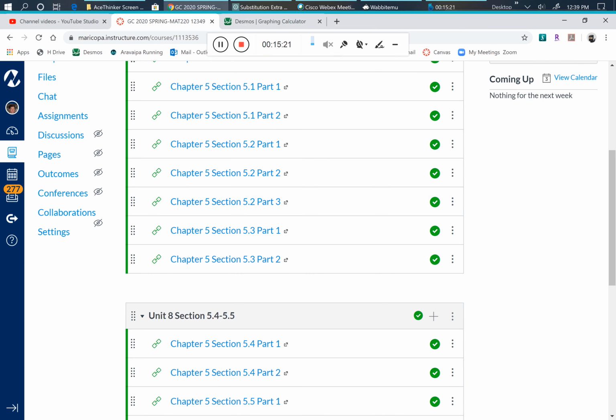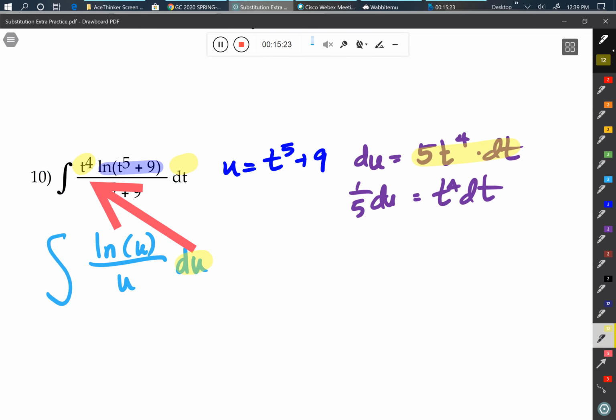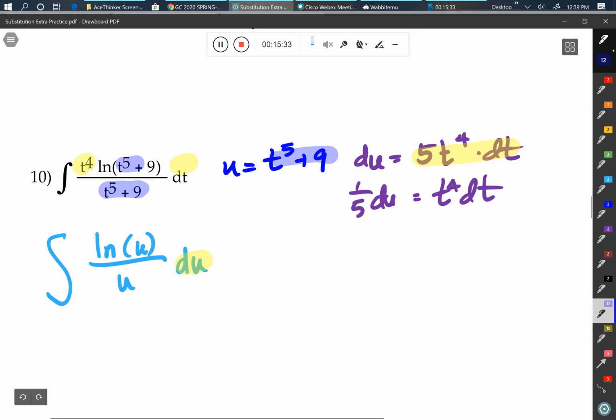And where did this natural log of u come from? Well, if we think of u as t to the fifth, there it is. It's right there and right there. So the natural log of blue over blue times yellow gives me natural log of u divided by u.